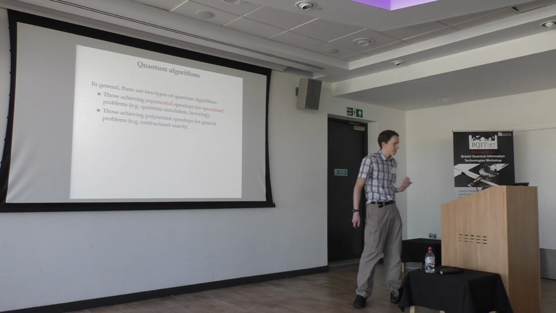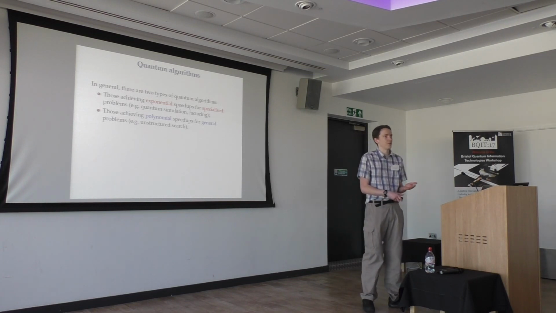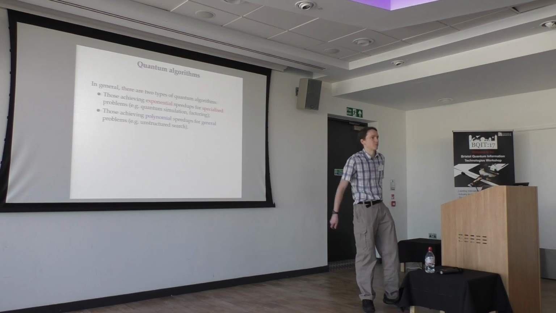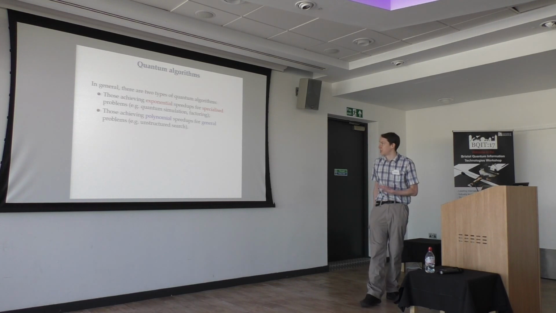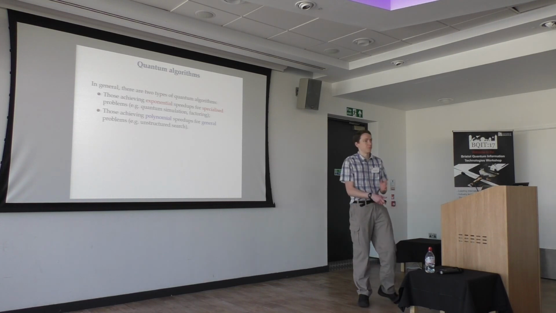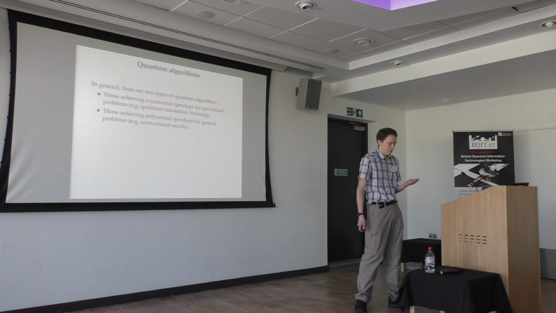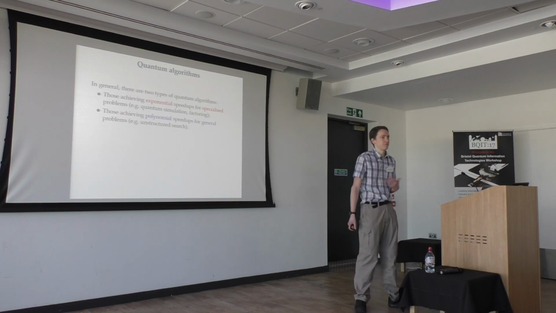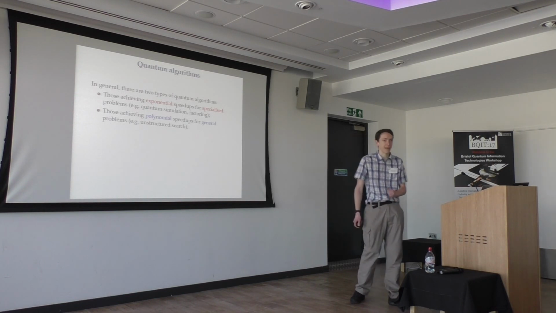So roughly speaking, we can divide the quantum algorithms that we know, our algorithms for our general purpose quantum computers, into two types. We have some algorithms that achieve exponential or perhaps super polynomial speedups for some specialized problems, for example, simulation of quantum systems, which is very important, or integer factorization, Shor's algorithm breaking RSA.